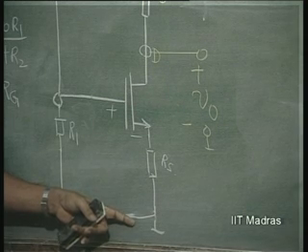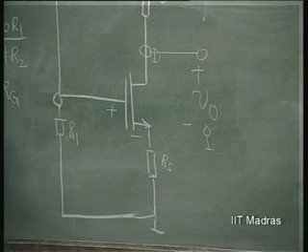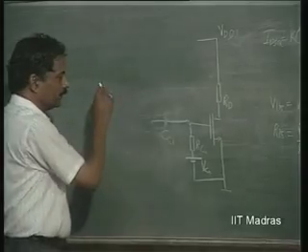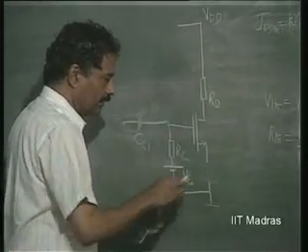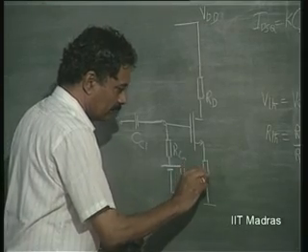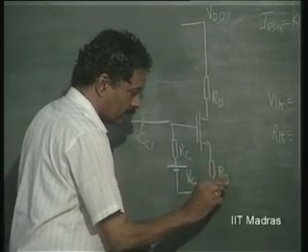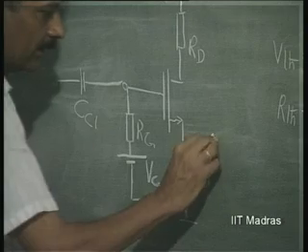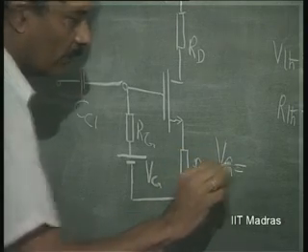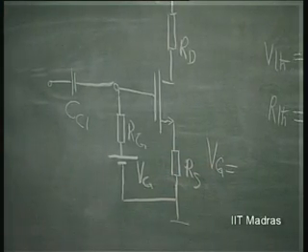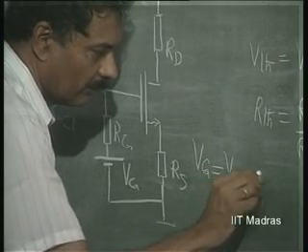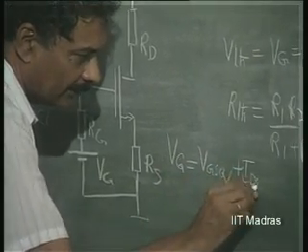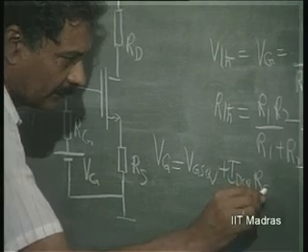Is this clear? So, if I have this arrangement, now this is the equivalent. So, we get Vg equal to VGSQ plus IDSQ Rs.